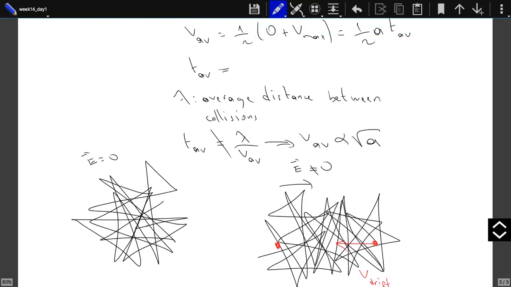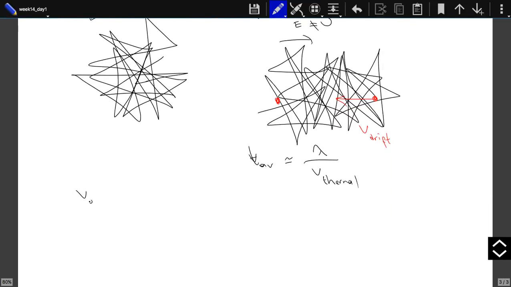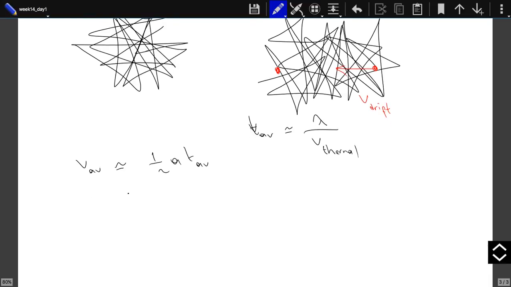So again, we recover. We said that V average is typically 1 over 2 times A times T average between the collisions. This is also V drift, the drift speed. So this is equal to 1 over 2 A times lambda over V thermal.